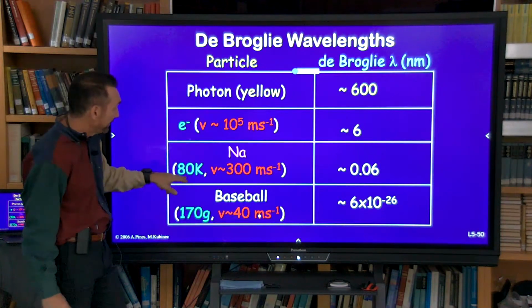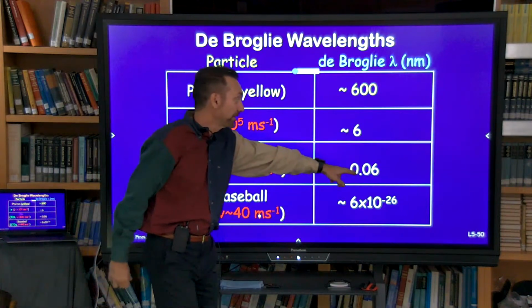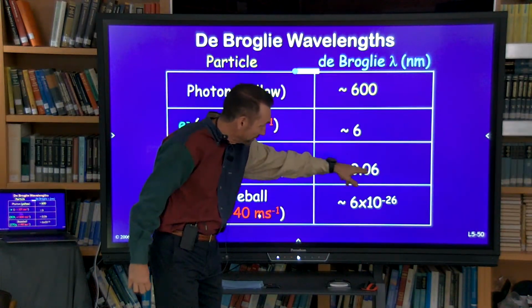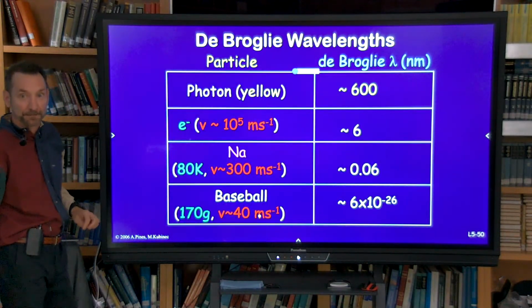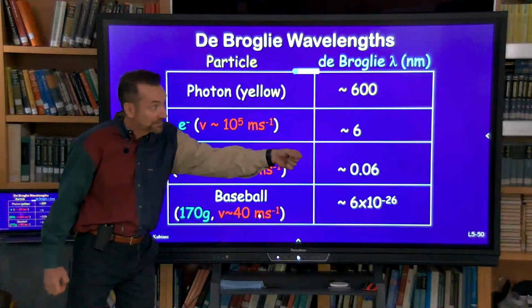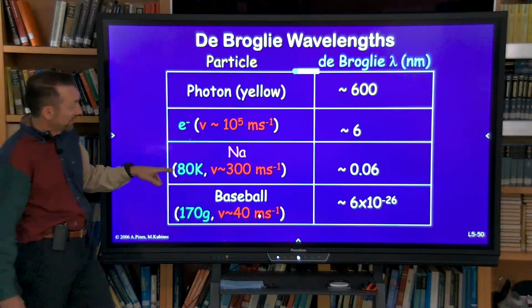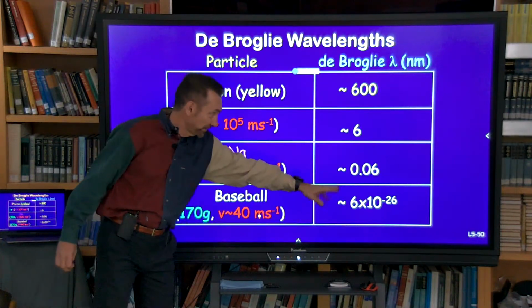But if you can get them that cold, that is, slow them down so their momentum gets low, you can start measuring a wavelength. This gets to the region where you can still measure 600ths of a nanometer. We're getting below the dimensions of atoms, but that's a wavelength you can still talk about in terms of scientific measurement. This one, forget about it.